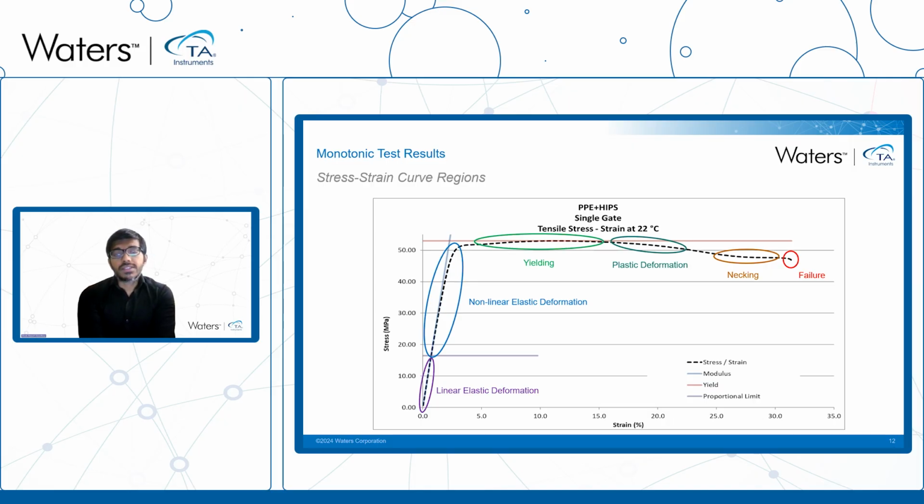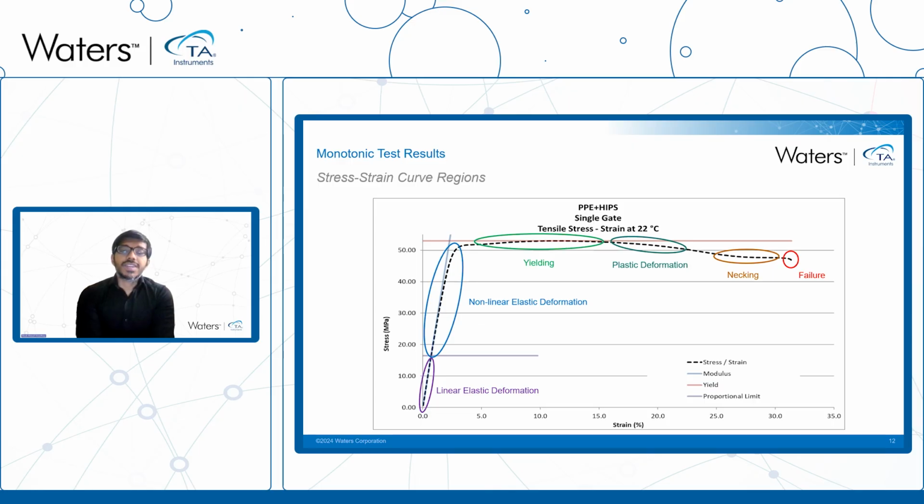After nonlinear elastic deformation, with the application of additional strain, the material enters into the yielding region, which actually represents the transition from the elastic deformation to the plastic deformation. Tensile strength usually is measured at yield in this case.